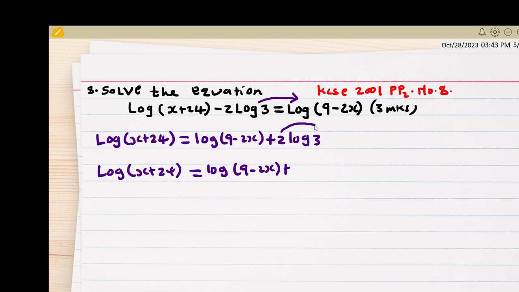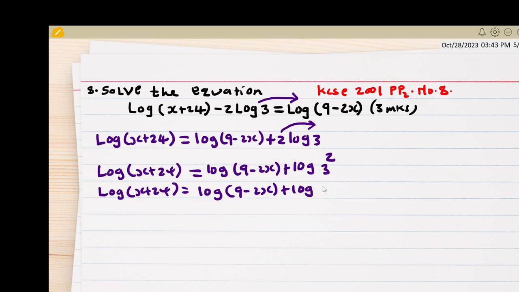From the third law of logarithms I can take this to the power, so this will be log of 3 to the power of 2. So log of (x plus 24) is equal to the logarithm of (9 minus 2x) plus the logarithm of 9, because 3 to the power 2 is 9.